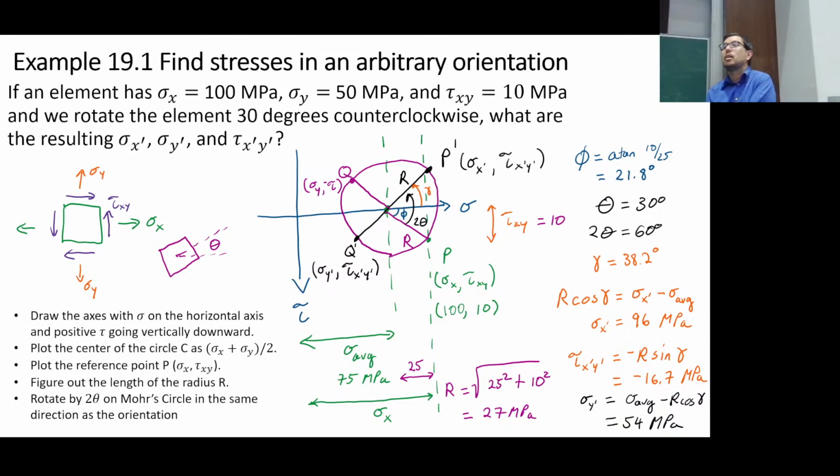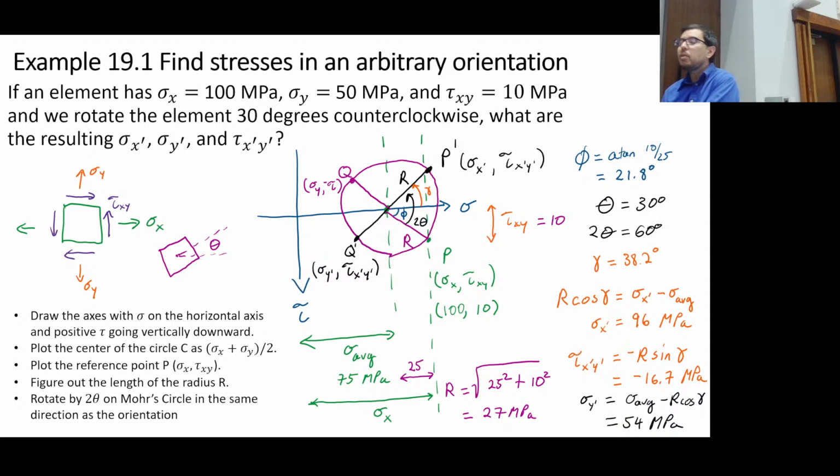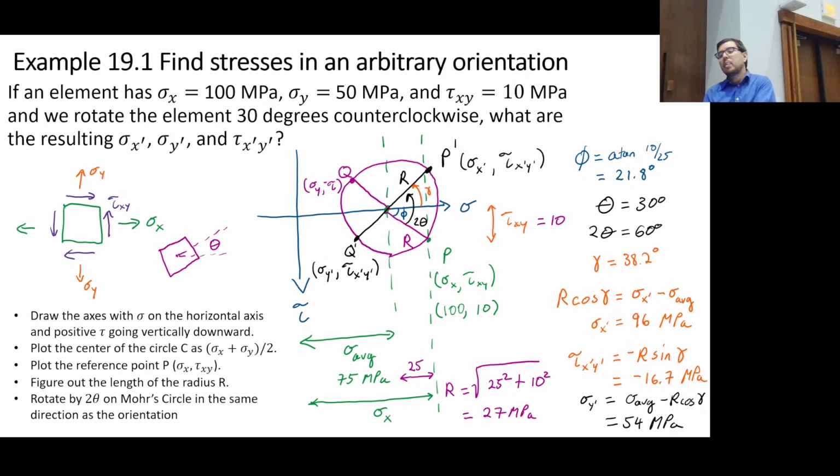Yes? Say that again, is sigma y prime left of the center? Good question. So sigma x is to the right of the center because I made sigma x larger than sigma y.